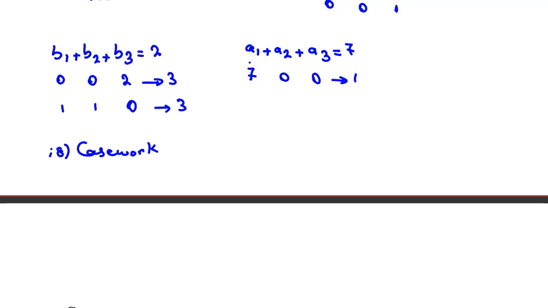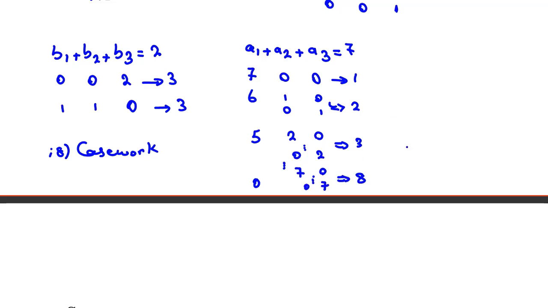For example, here a1. If a1 is 7, we have one case. If a1 is 6, then it is 1, 0 or 0, 1, two cases. If it is 5, it is 2, 0, 1, 1, 0, 2, three cases. Up to, if it is 0, it is 7, 0 to 0, 7, 8 cases. So it will be 1 plus 2 up to 8, and it will be 8 times 9 over 2, which is 36.